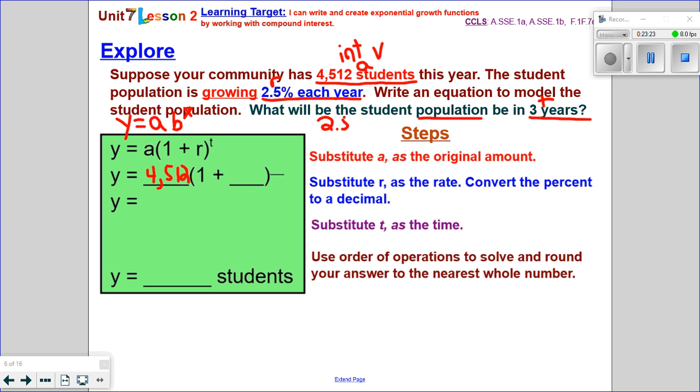So move the decimal 2 places to the left and add that 0, 0.025. You don't have to put the 0 point, it's just 0.025. The time is 3 years. And then you just figure it out. All right. Go ahead, punch that into the calculator now.